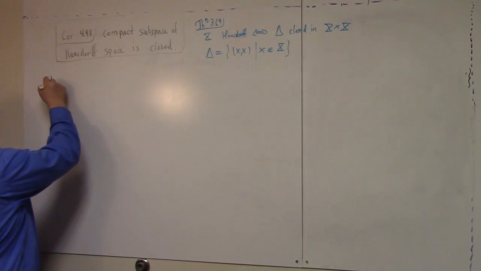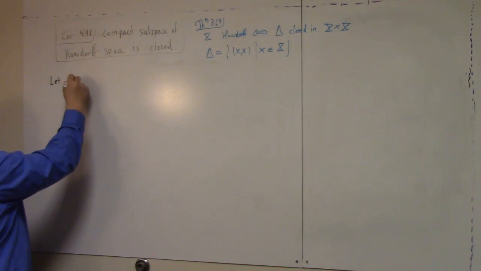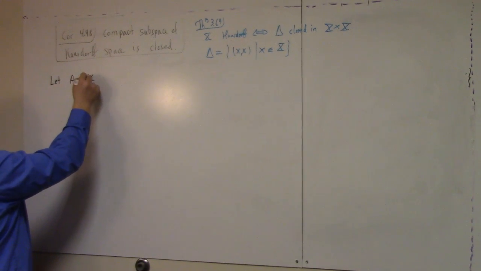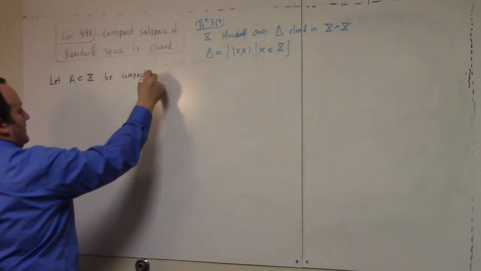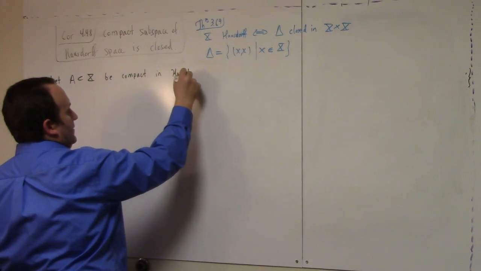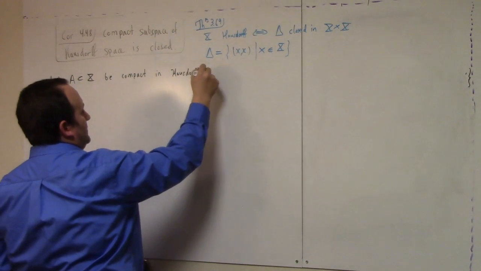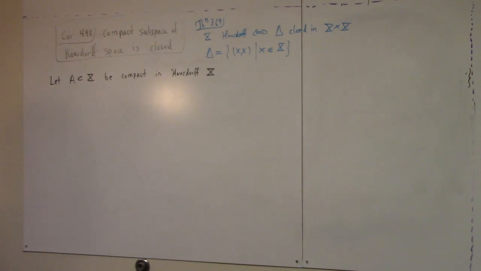Let A, a subset of X, be compact in a Hausdorff space. What did it mean for X to be Hausdorff? Do you guys remember?